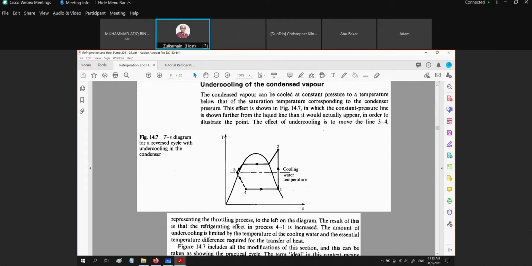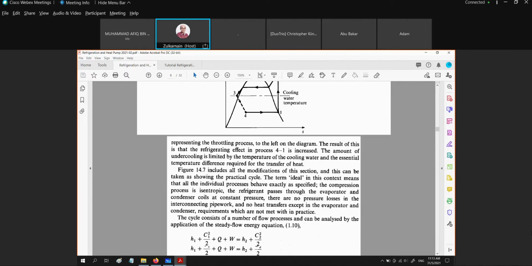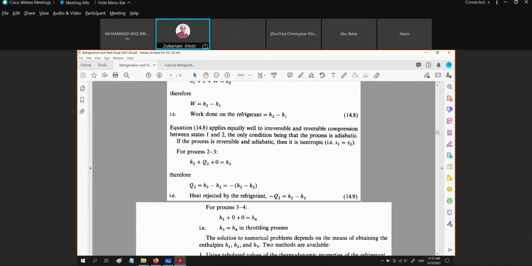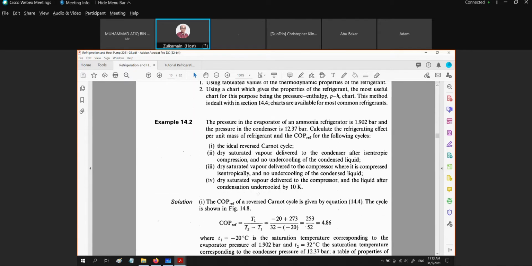The state 3 is moved to the left into the region of saturated, compressed liquid, the subcool region. Then we have the undercooling of the condensed vapor. So when state 3 is moved to the left, state 4 also automatically goes to the left. So we are going to have more heat absorbed Q41. Okay, so that is what we have looked at previously.